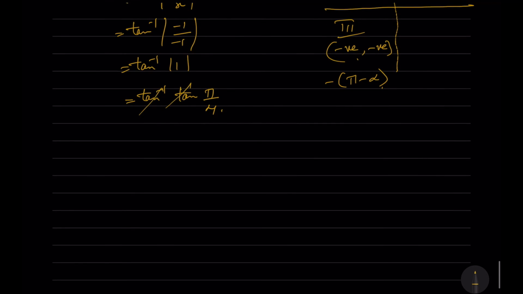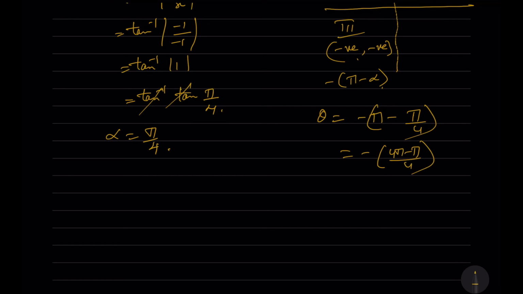So with this tan and tan inverse getting cancelled, you're getting alpha is equal to pi by 4. So now how do we find out theta? Theta is equal to minus of pi minus pi by 4, which is equal to minus of 4 pi minus pi by 4, which is equal to minus 3 pi by 4. So we got theta is equal to minus 3 pi by 4.